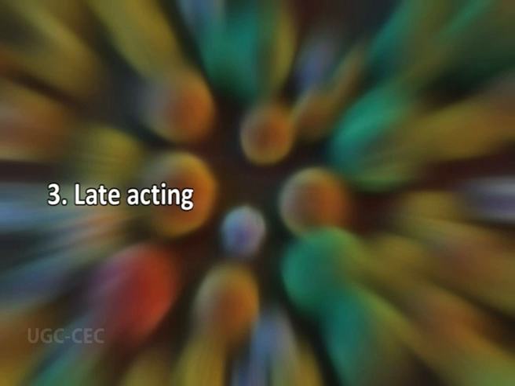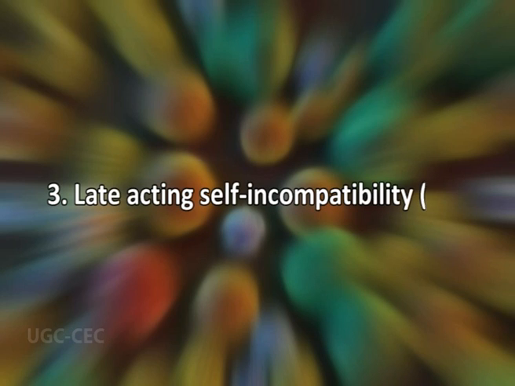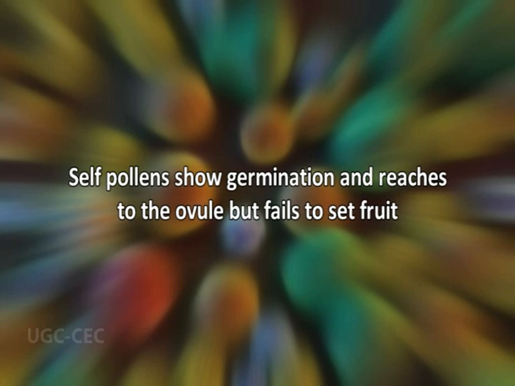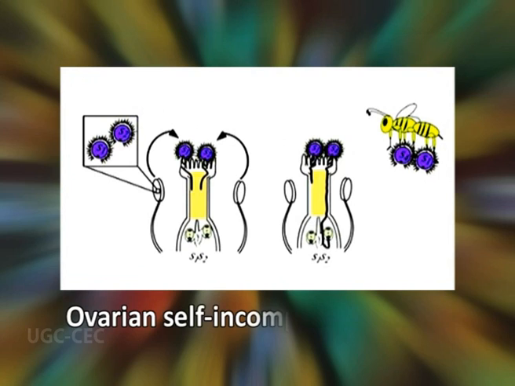Number 3, late-acting self-incompatibility, LSI. Here, self-pollens show germination and reach the ovule, but fail to set fruit. It is also known as ovarian self-incompatibility, OSI. The LSI takes place in 2 ways, prezygotic LSI and postzygotic LSI.